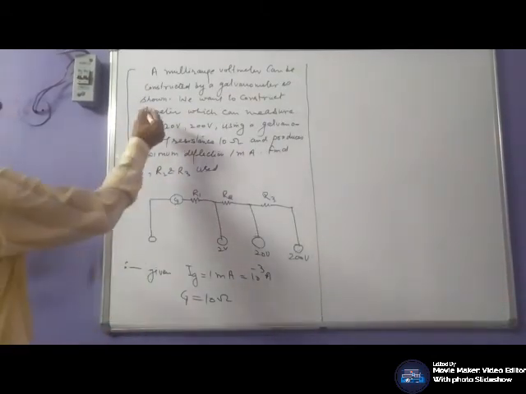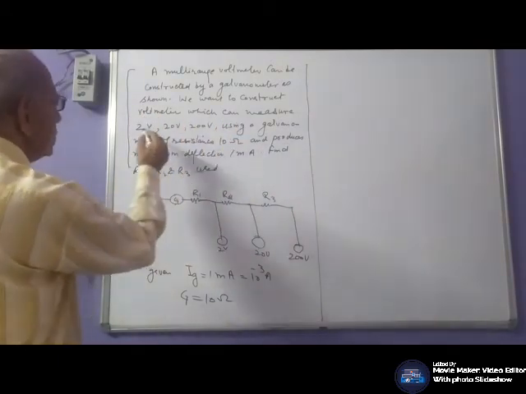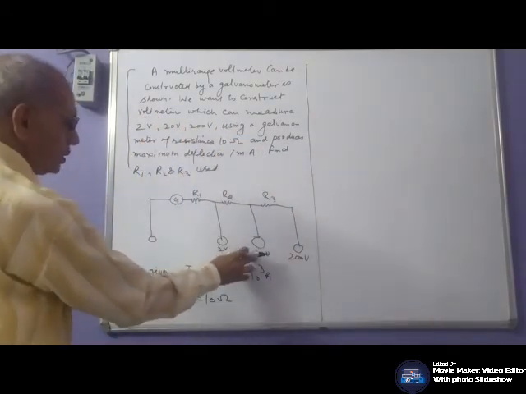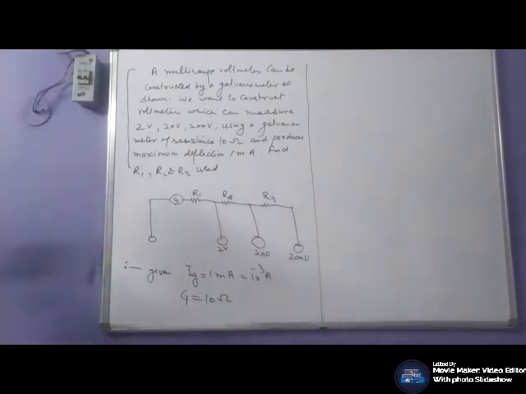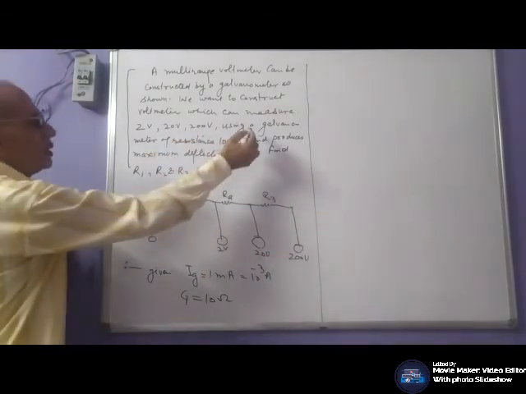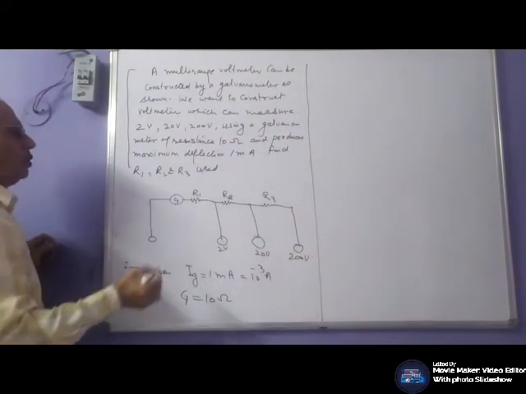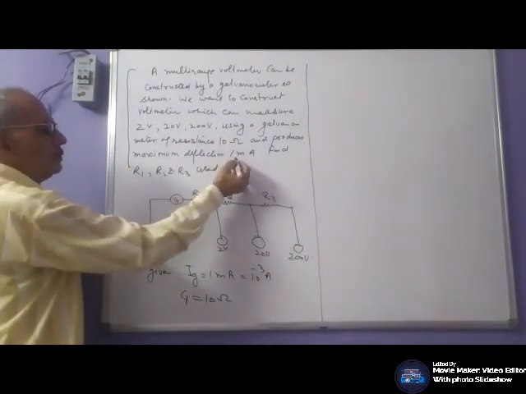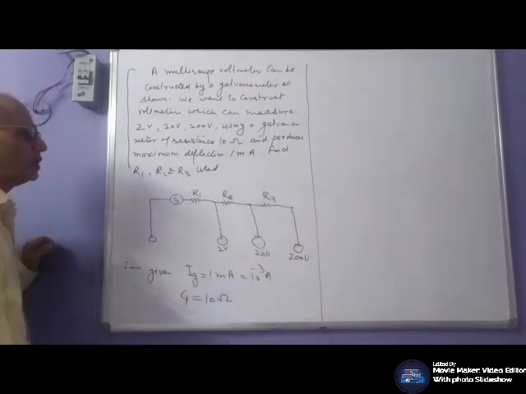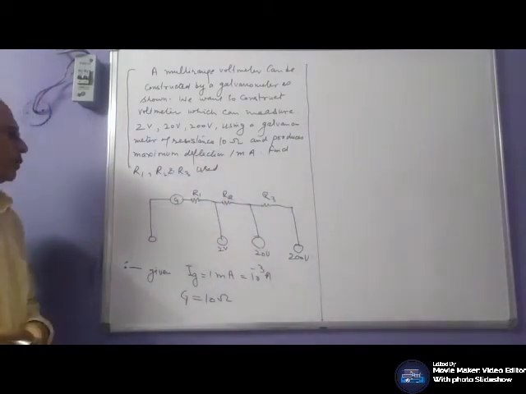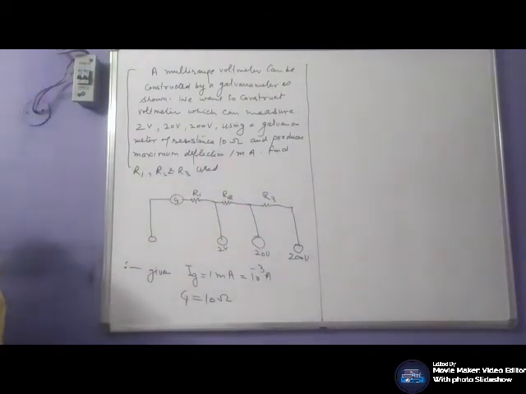Connect this resistance to read this voltage, connect this to read this voltage. We want to construct a voltmeter which can measure 2 volt, 20 volt, 200 volt. The resistance of the galvanometer is 10 ohm. Maximum deflection means current through the galvanometer is 1 milliampere. Find R1, R2, R3.